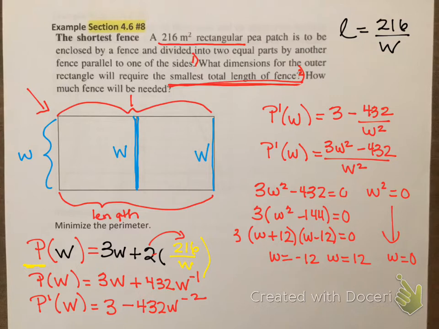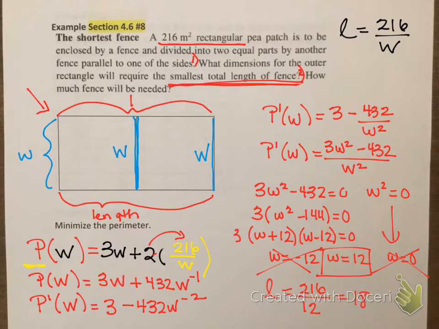All right, let's think about those numbers we got when we solved. Remember what W is. It's the blue in the picture. It's the width. It can't be negative, and it can't be 0. So therefore, W would be 12. And if W is 12, L would equal 216 divided by 12, or 18.